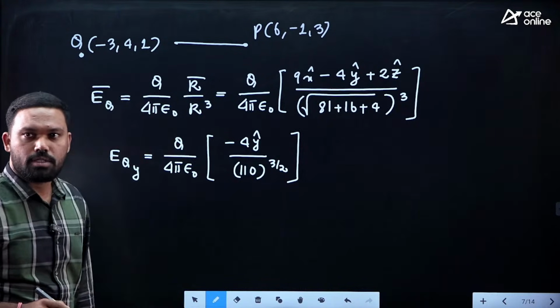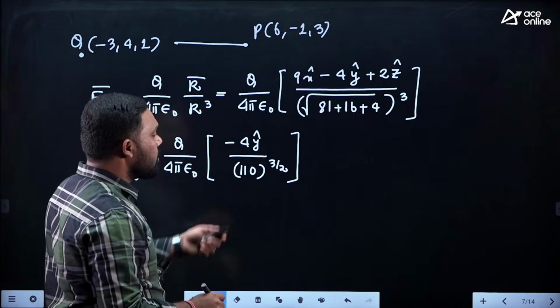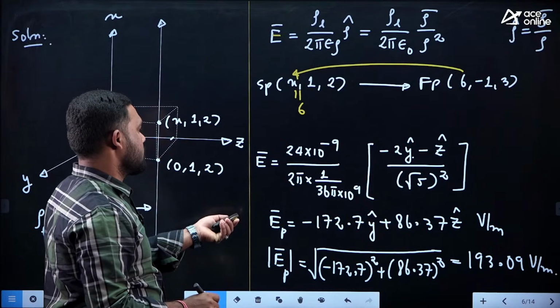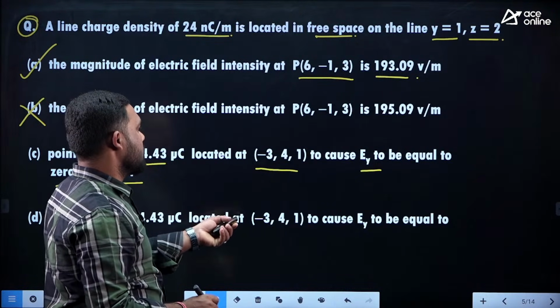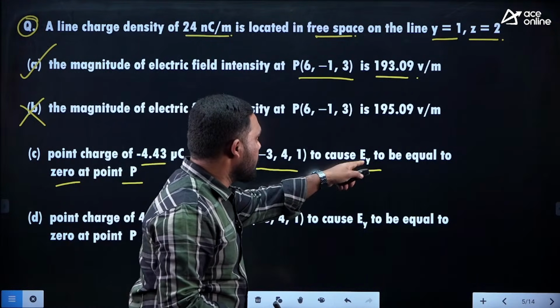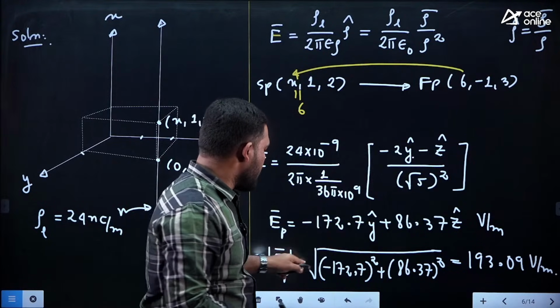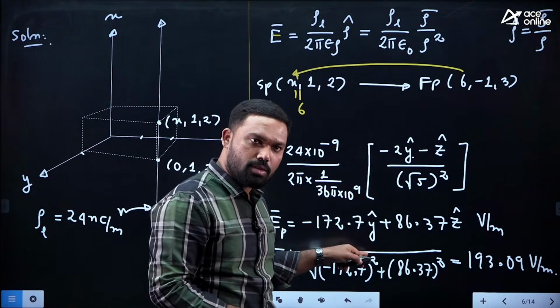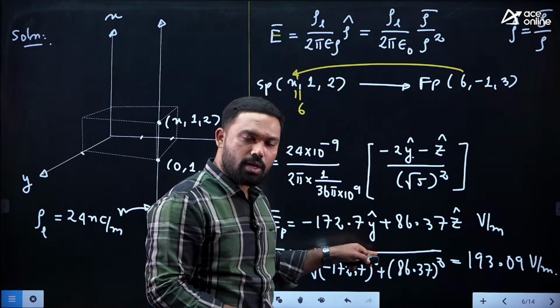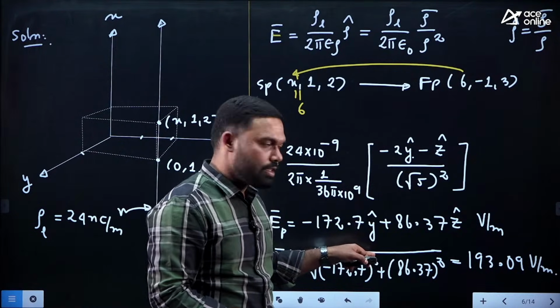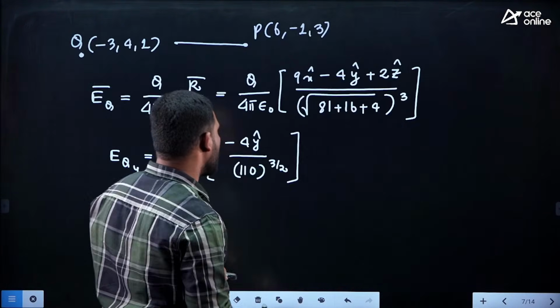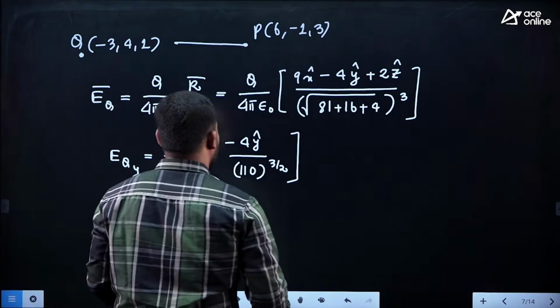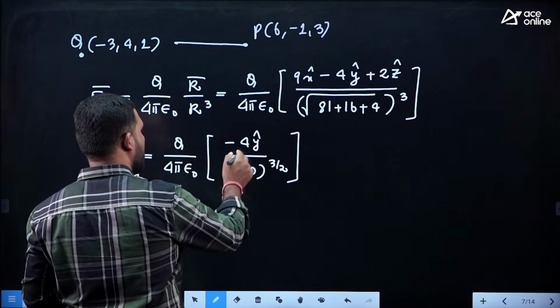This component must nullify that one. So what is the Ey component at P? The Ey component at P is this one, and this must become 0. That means whatever y component the point charge introduces must be a positive y component, since the other is a negative y.